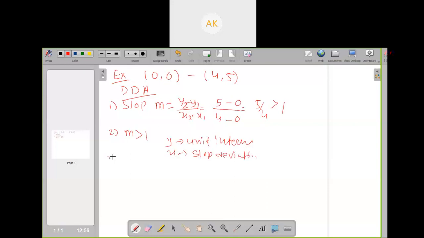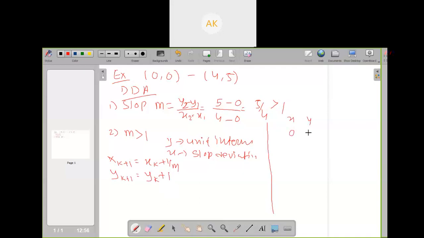Okay, so xk plus 1 will be xk plus 1 by m, and yk plus 1, means the next point will be yk plus 1. It's moving in unit interval. Okay, so let's find the values of x, y.